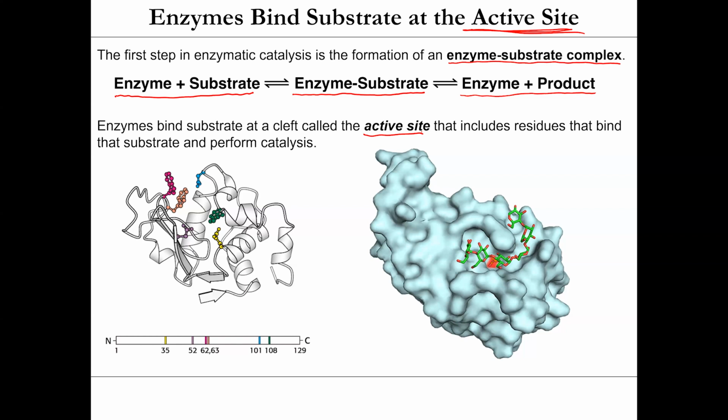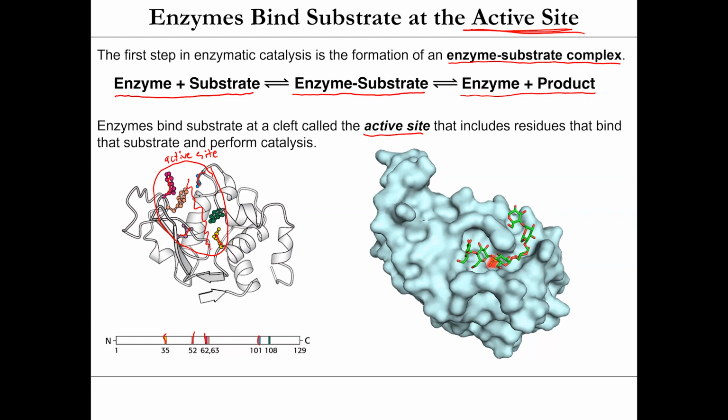If you think about the tertiary structure of proteins, a lot of times active sites are formed by residues that are located far away in the primary sequence of the protein. But once the protein folds into that tertiary structure, those residues can be located quite near to each other, and they can form a cleft that can bind that substrate, here as shown in red, at the active site.